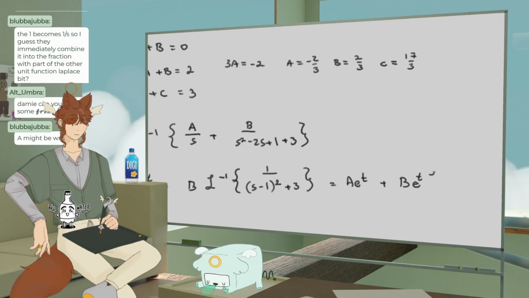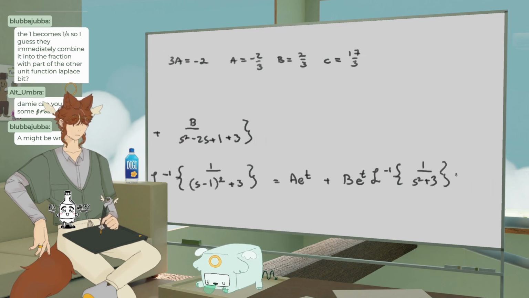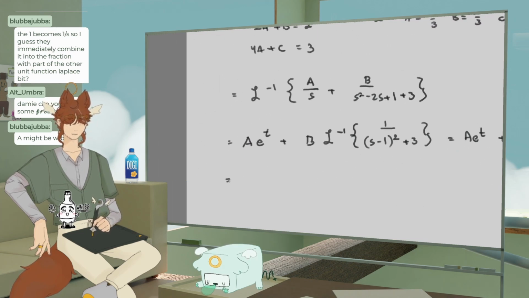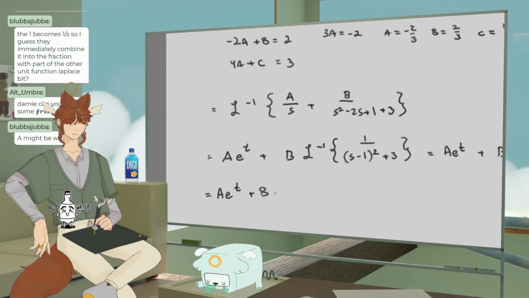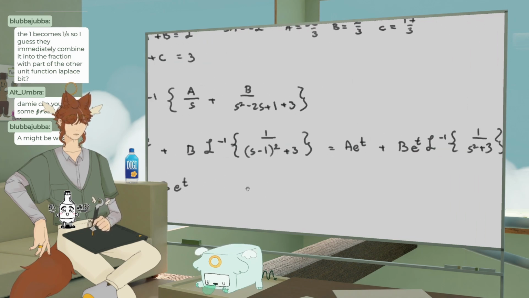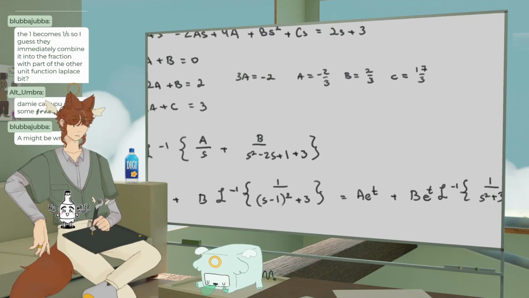And then we have Laplace inverse of 1 over s squared plus 3. And we multiply that by the square root of 3 over square root of 3. Don't know why that was chosen. Could have made that a little nicer. Plus B e to the t.